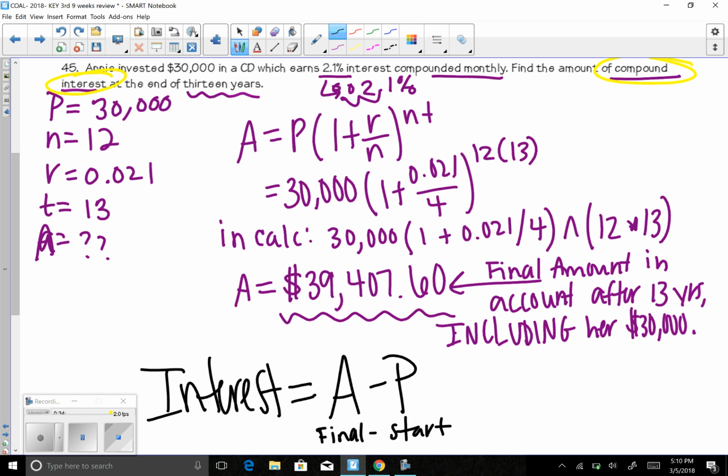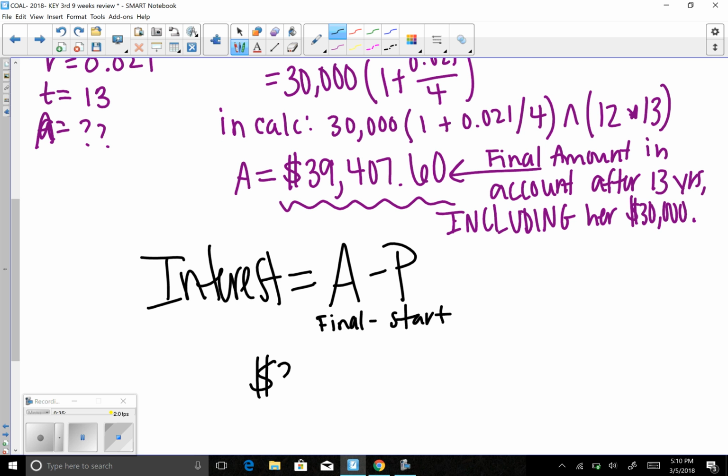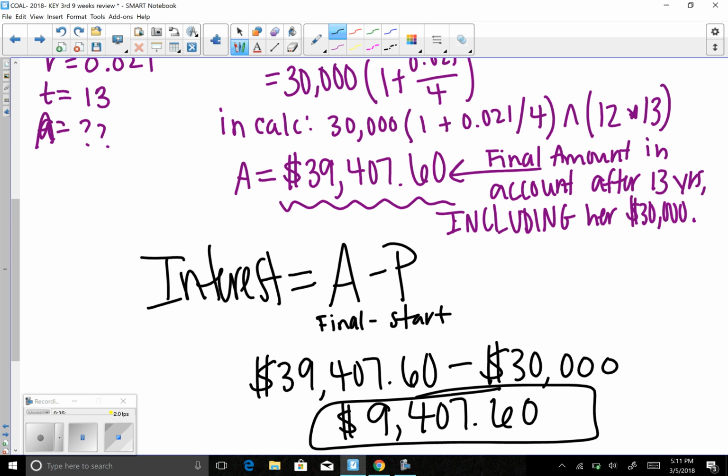In this case, her final amount is $39,407.60, that's how much she's got in her account after 13 years. But that is including the $30,000 that she invested. So you would need to subtract that $30,000 out to figure out her interest, and that would give you $9,407.60 for the amount of interest.